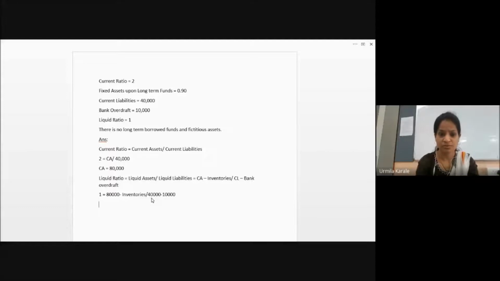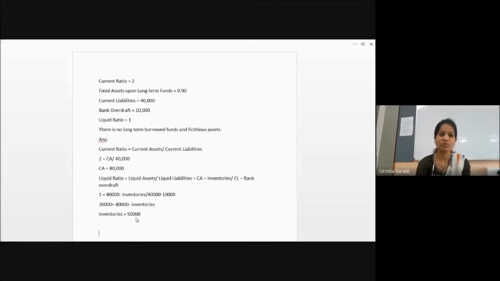If you solve this, cross multiplication again, this is going to go to this side. So how much will it be? 40,000 minus 10,000, that is 30,000, equals 80,000 minus inventories. Now inventories, or what we say stock, will come to 80,000 less 30,000, that becomes 50,000, your inventory.